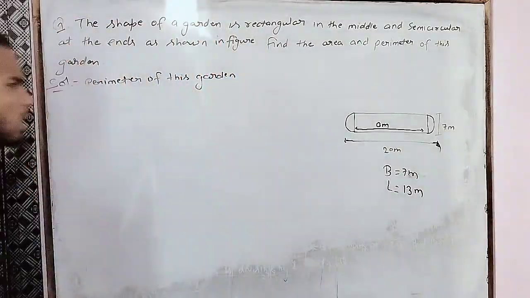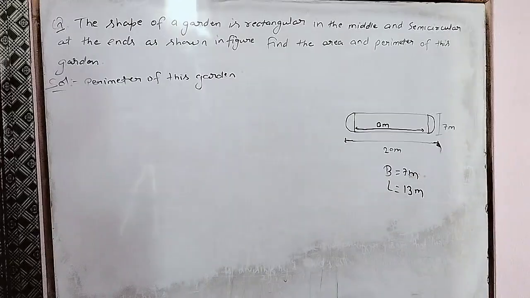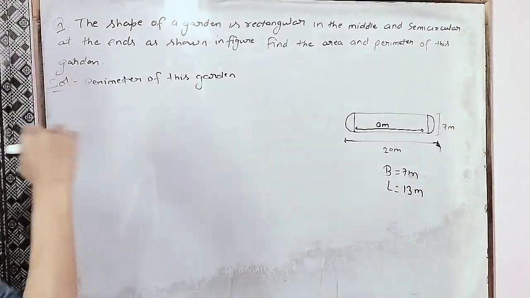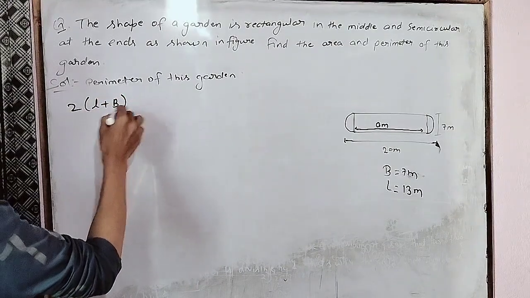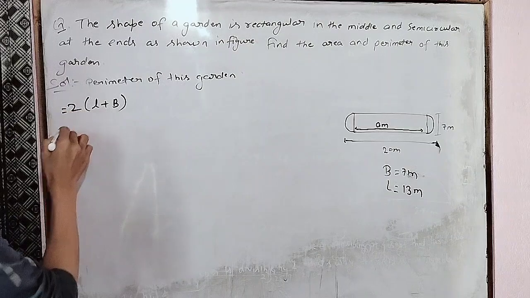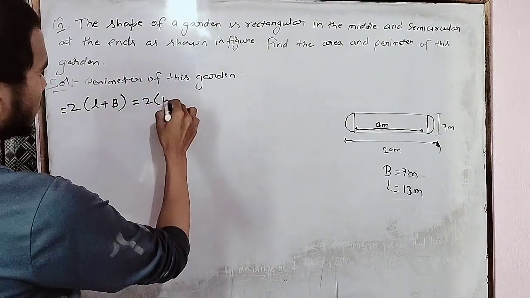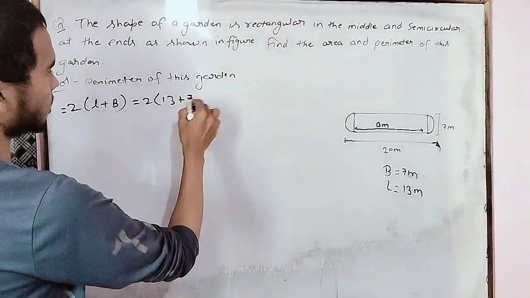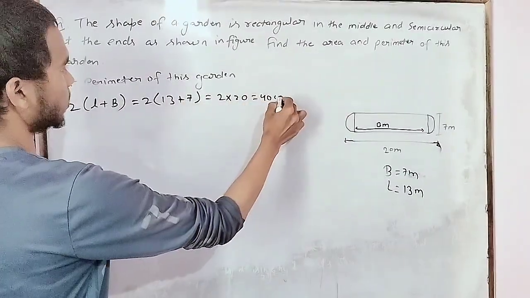Clear? Now we are here. We can easily find out the perimeter of this rectangle. To find a perimeter, we have a formula. This is the formula. So it will be 2 times L, which is 13, plus breadth, which is 7. 2 multiplied by 20 will be 40 centimeter.